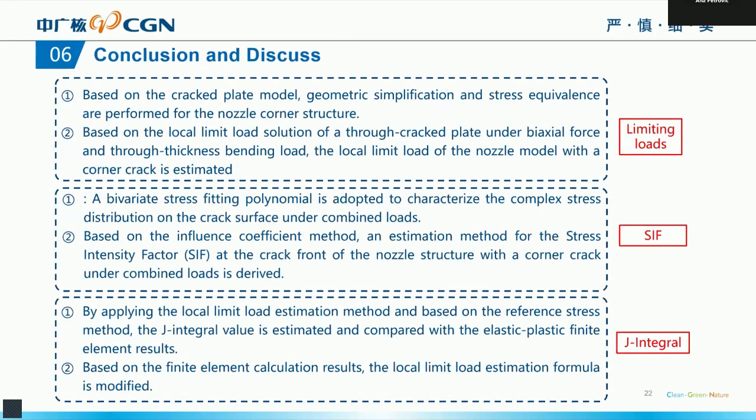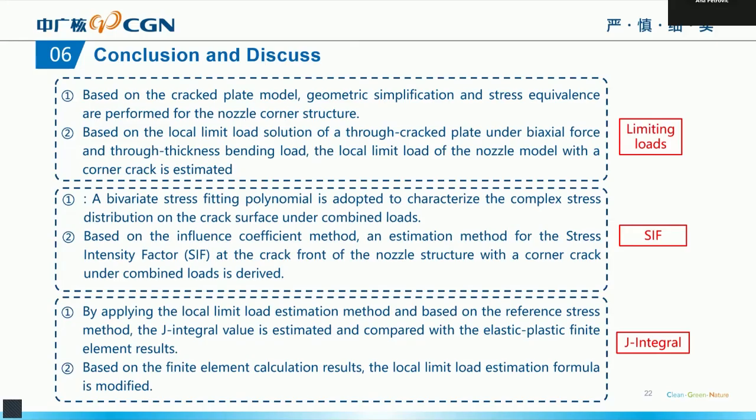And some conclusions and discussion. The overall research is about the limit loads and SIF calculations and the J integral. So first, for the limit loads, it is based on the cracked plate model, geometry simplification, and stress equivalence, performed for the nozzle corner structure based on the local limit load solution of a through cracked plate under biaxial force and through thickness bending load.